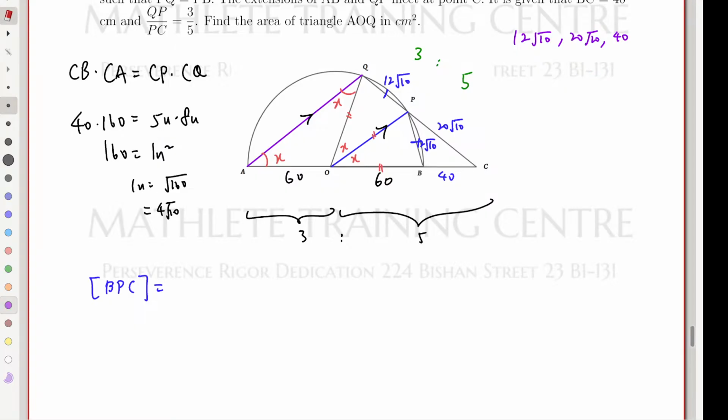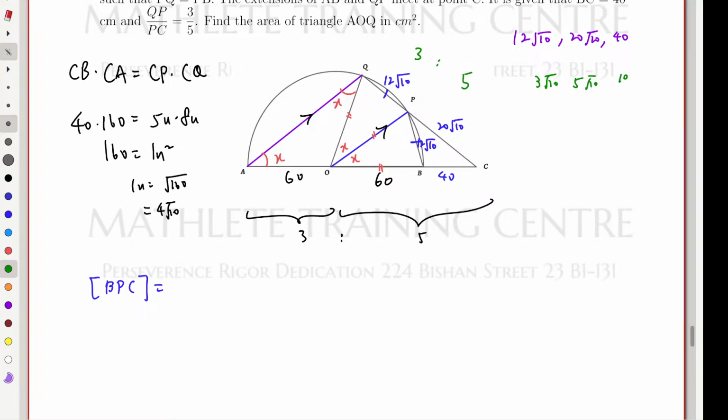Instead of working with these three numbers, let's work with smaller numbers. Let's work with 3 square root 10, 5 square root 10, and 10, right? I have divided by 4 here to make it easier for us. Now, at the end, I must remember to multiply by 16 for the area, but that's not too important at this step.